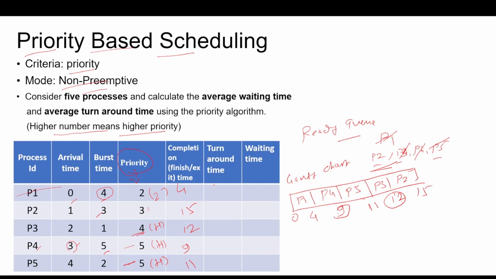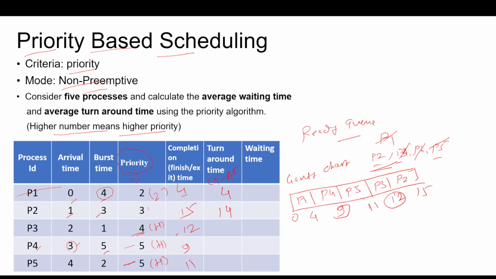Based on this we can calculate the turnaround time. The formula for turnaround timing is completion timing minus arrival timing. For the first process, completion timing is 4 minus arrival timing 0, so 4. For the second process, completion timing is 15 and arrival is 1, so 15 minus 1 is 14.